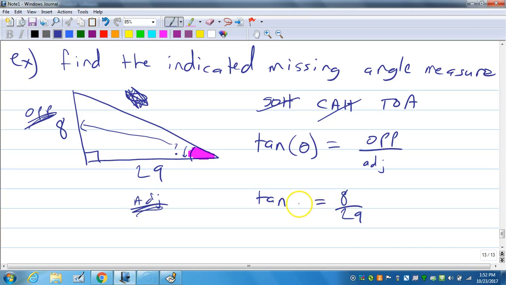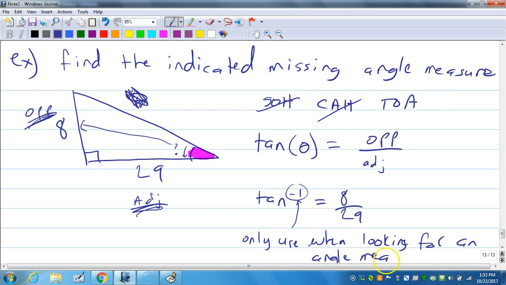But since I'm looking for the angle, I have to use the inverse tangent. So you put it on -1. Alright? You only use the -1 when you're looking for an angle measure.